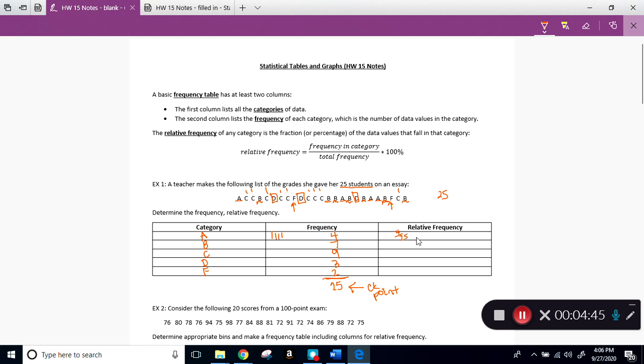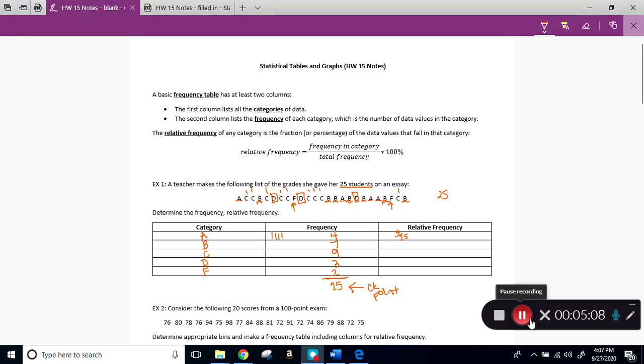Now that would be to find the decimal. But if it says to find the percentage, you would do times 100. So let's go ahead and do that part because I don't think it actually says on here which one.